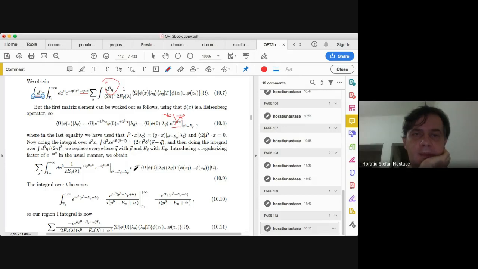Oh, sorry, no, p0 is still arbitrary. I'm sorry. It's just q0 that is equal to E_p, and then we still have the regularizing factor. So in the integral over x0, we have p0 minus E_p plus i epsilon, which gives the regularizing factor, integrated from t plus to infinity.